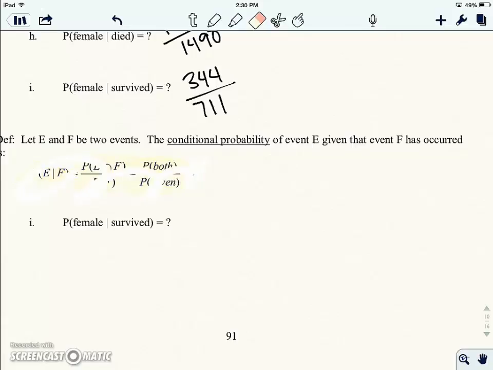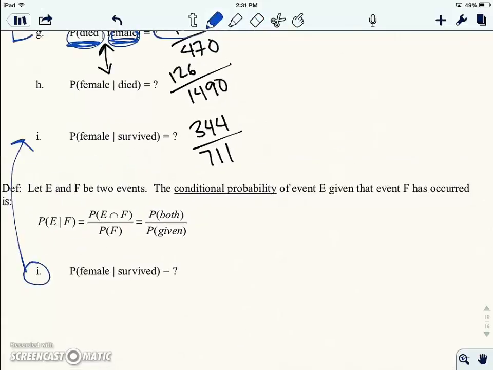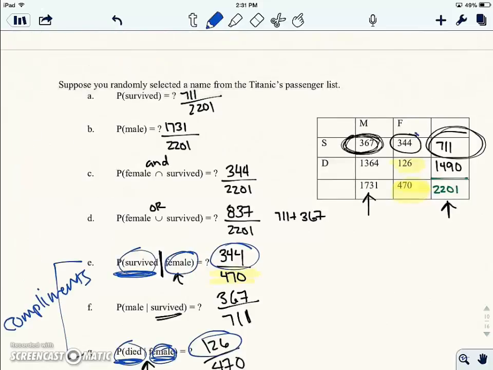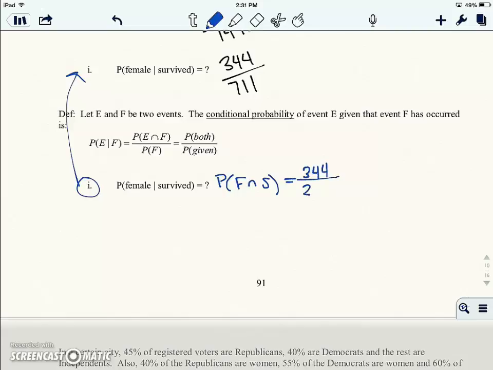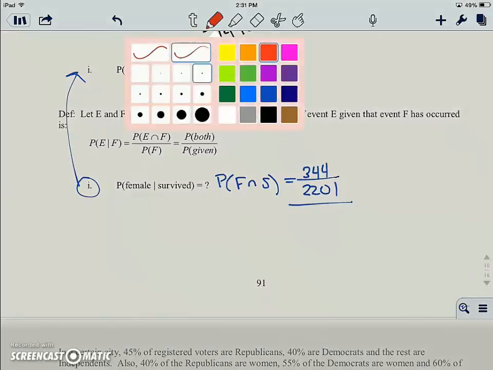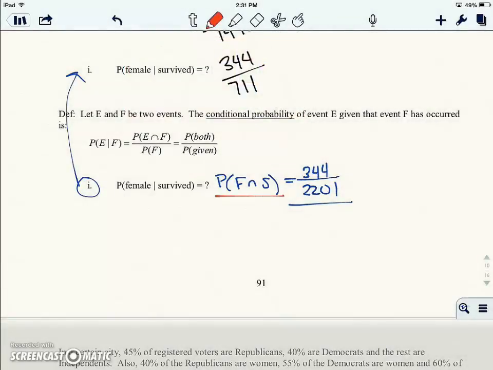And so we could go ahead and look at the one we did right here using the formula. So the probability of female and survived, out of everybody, females and survived, there are 344 all over the total number of people, 2201. And then my denominator is the probability of the given, so the probability of survived. Well, how many people survived?